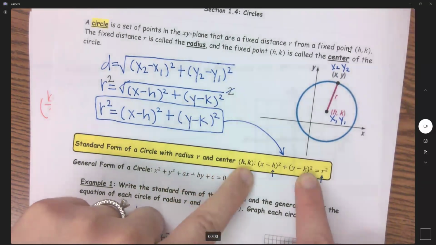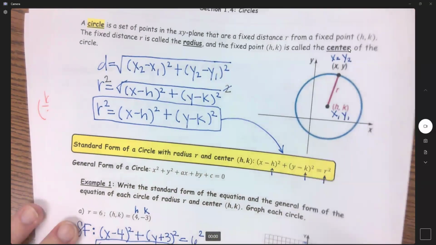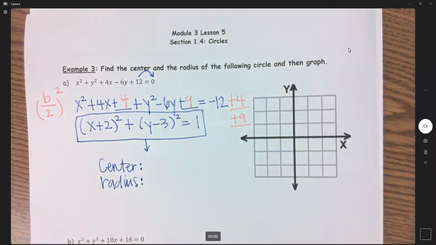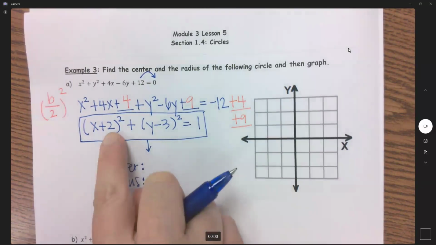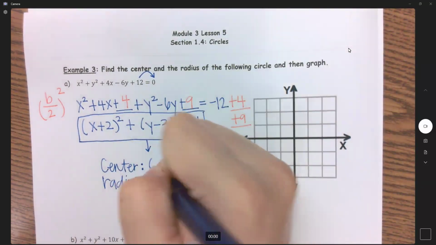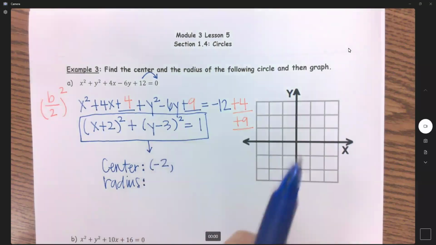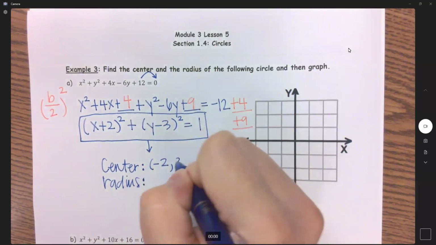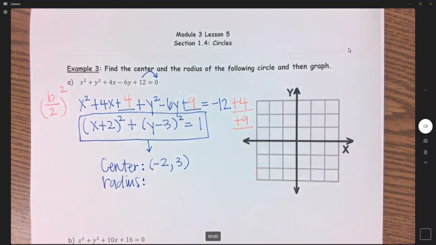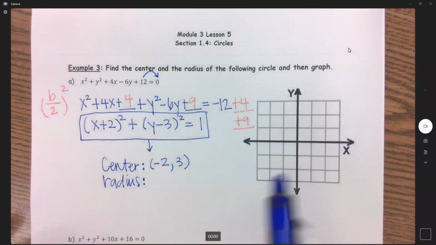It's y minus k, so it's a positive k. Inside opposite. So positive 2 is negative 2. Negative 3 is a positive 3. Change that sign.